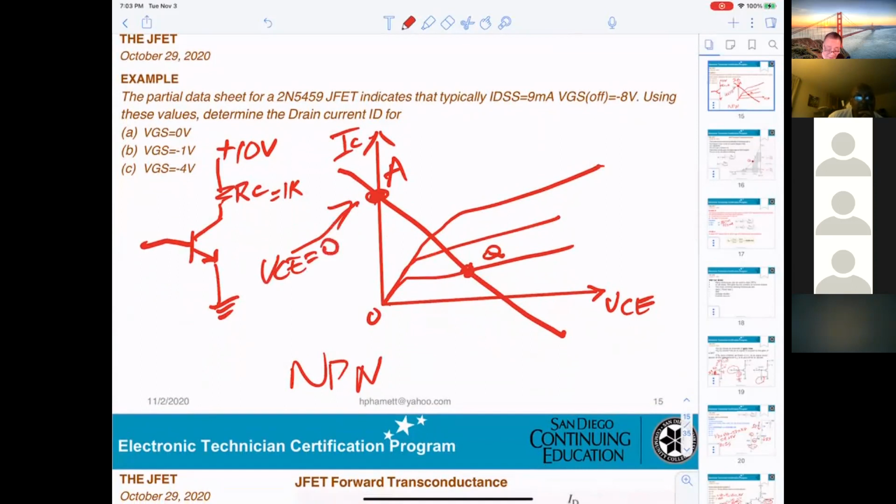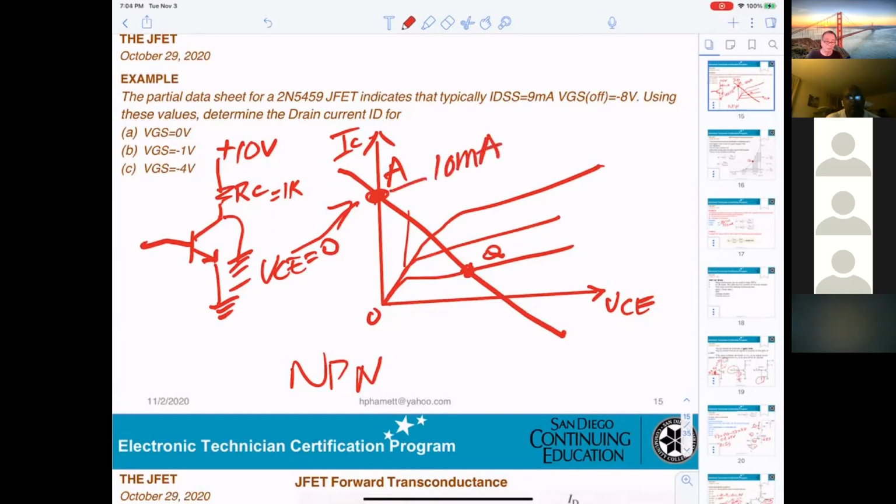Anything on IC, VCE must be 0. If VCE is 0, that means this will be connected to the ground. So now you get 10 volt, 1K. You take 10 divided by 1K, you get 10 milliamp.